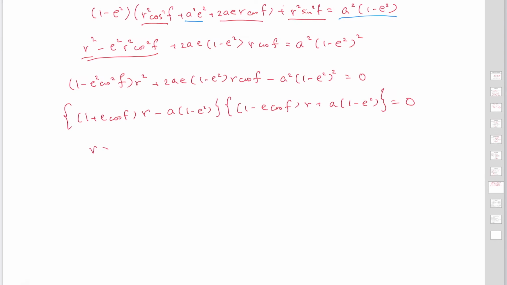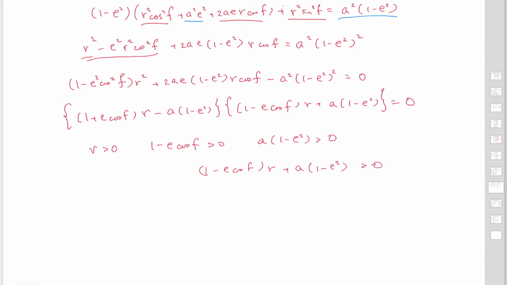Then r is positive. 1 minus e cosine f is positive because e is a really small number. a times 1 minus e squared is positive. So from these, (1 minus e cosine f) r plus a(1 minus e squared) cannot become 0.